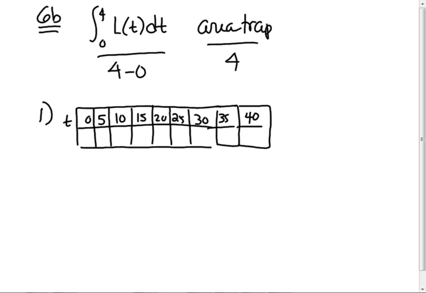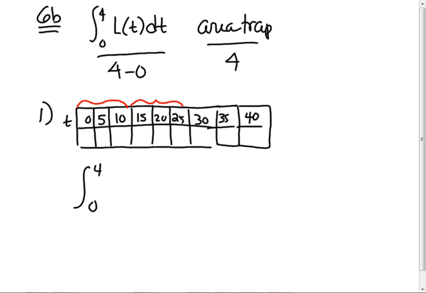Okay, use a midpoint Riemann sum with 4 intervals of equal length to approximate the integral from 0, does that say 40 or 60? Thank you. 0 to 40. I want 4 rectangles. I don't want to graph this, but you can. Here's 1 rectangle, 2, 5, 10, I missed some. 15, 20, 25, 30, 35, 40.